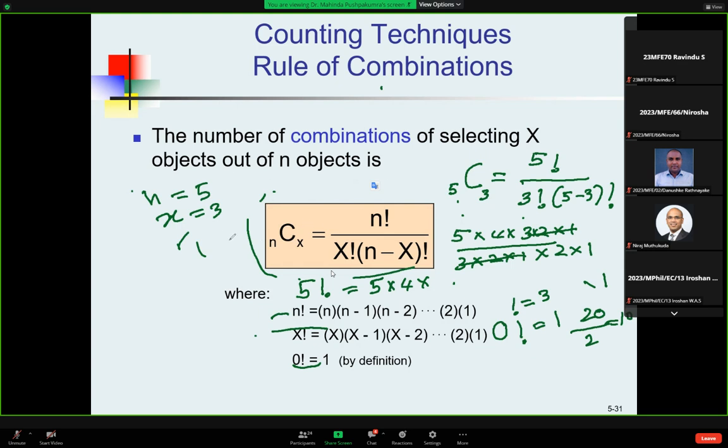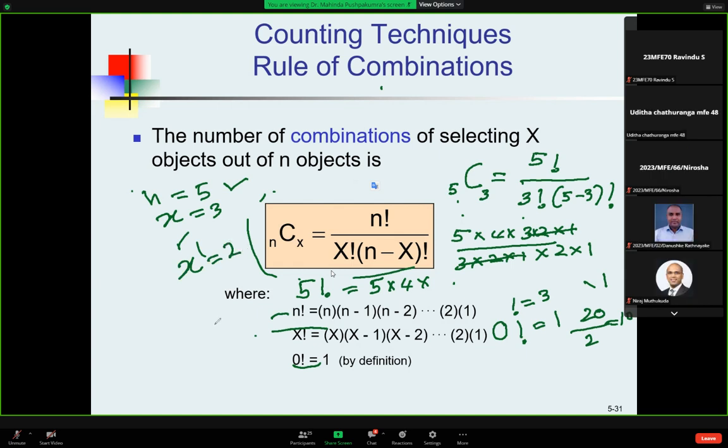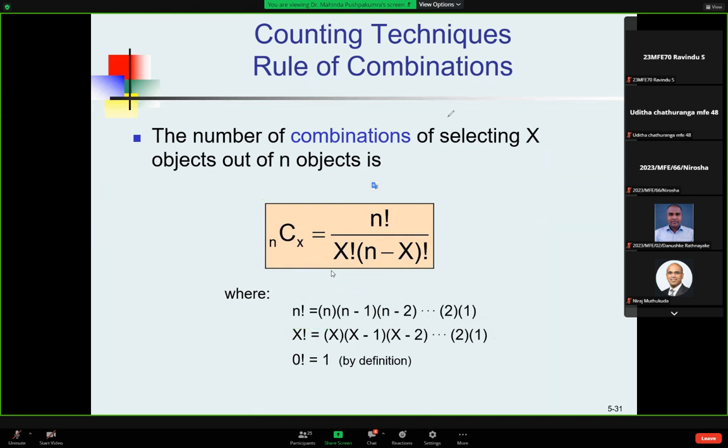Same example, you toss a coin 5 times. How many ways do you have to get, let's say, 2 heads? Please do this exercise. n is equal to 5, and now x is equal to 2.